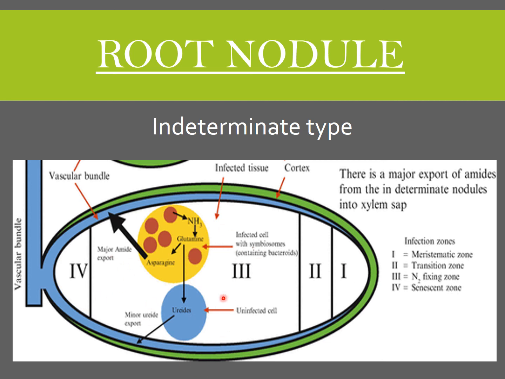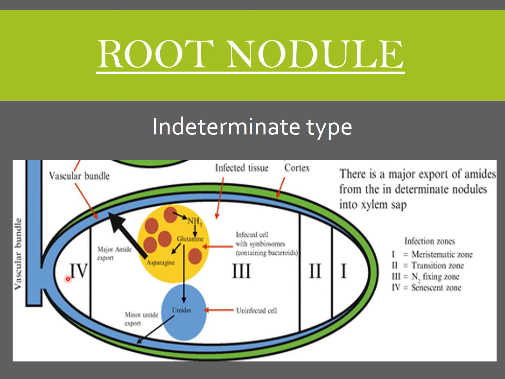In the nodule, the central zone is where the actual nitrogen fixation occurs, and leghemoglobin is present, which is why it is pink in color, like I told. The area of the nodule present towards the root is called the senescent zone. Senescent zone stands for dying zone; senescence is basically death or dying.